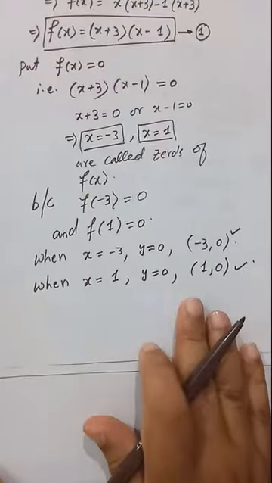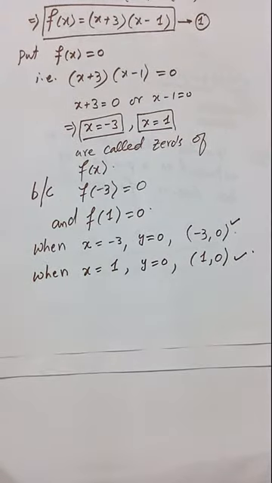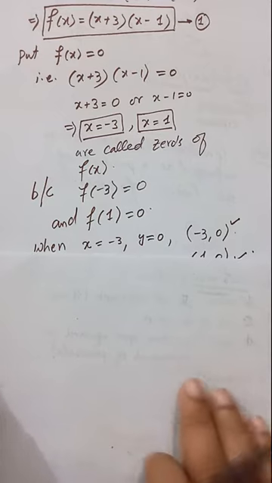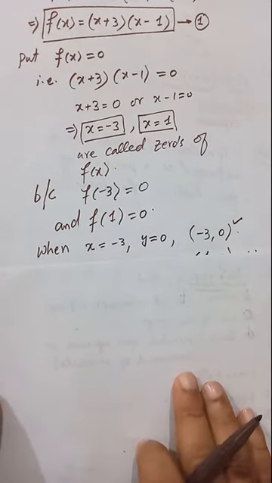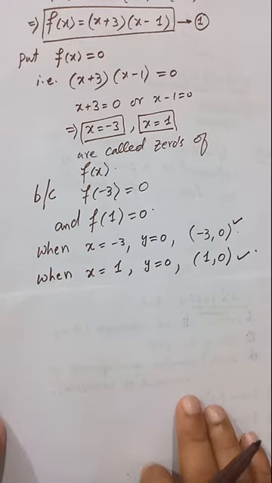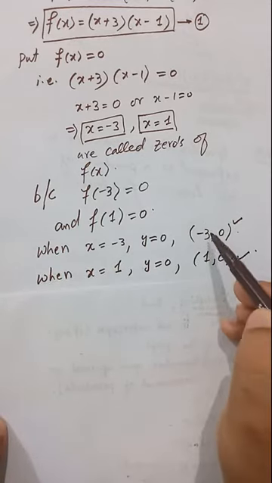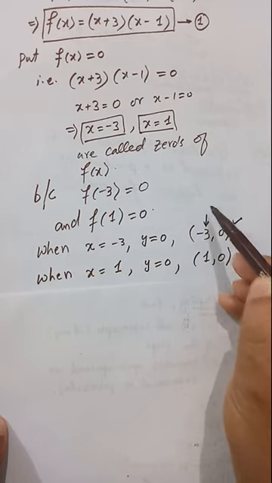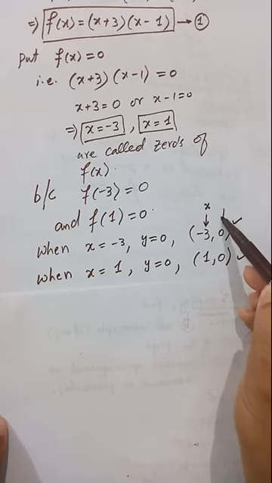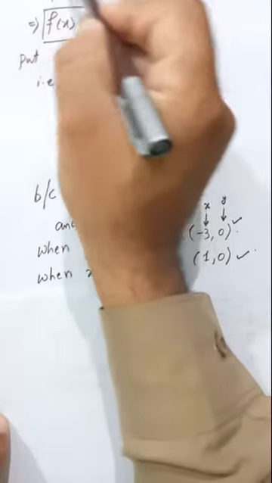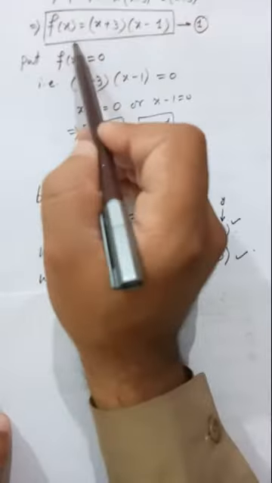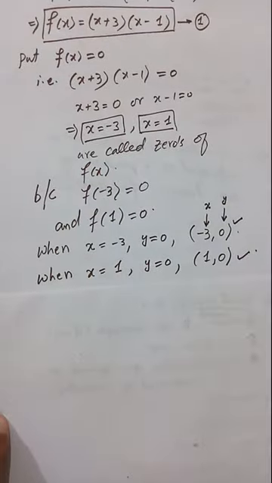So if I write correctly, thus the points lying on the graph of f of x are, remember, if in place of x I plug -3, and in place of y I plug 0 in this function, actually f of x means y.